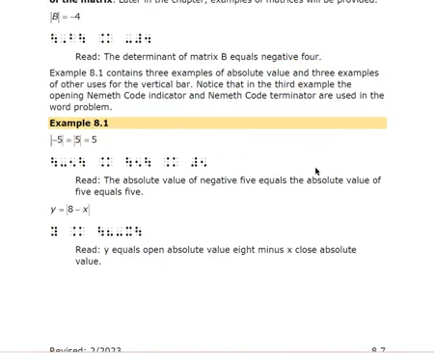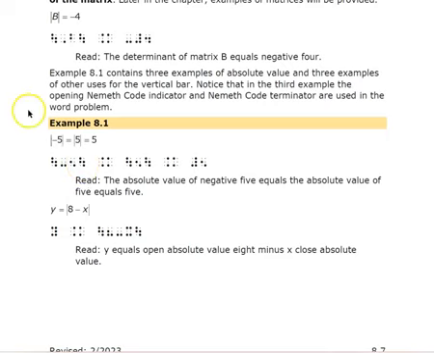Okay, so again, if this doesn't make sense to you, really what we're doing is just transcribing what we see. It really is the job of the math teacher to teach this so that your student understands it. And if your student doesn't understand it, they need to ask their math teacher.